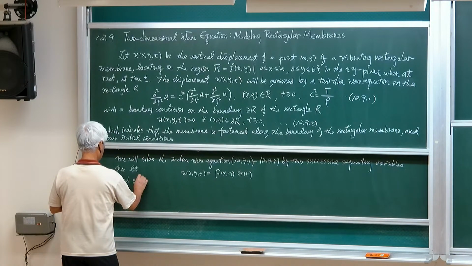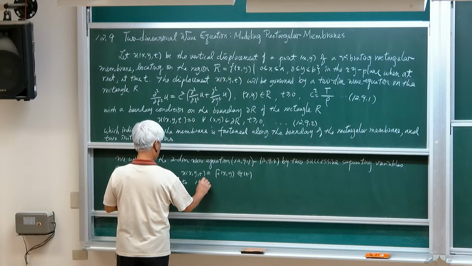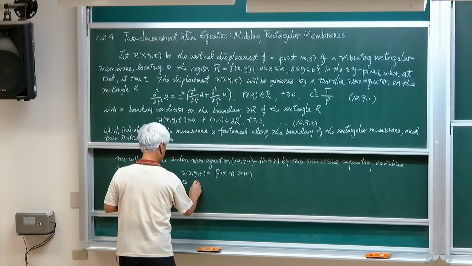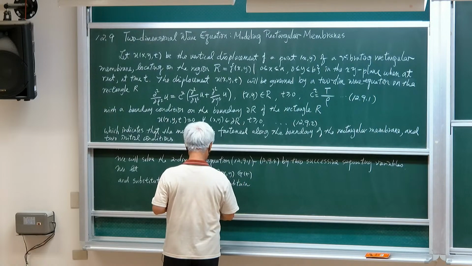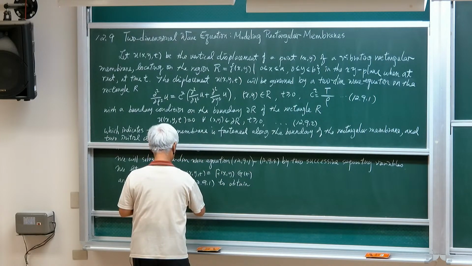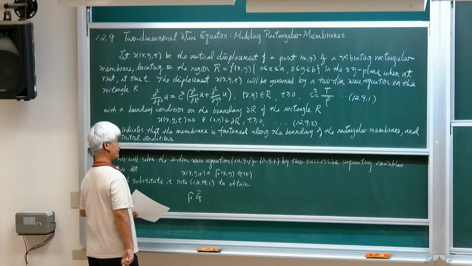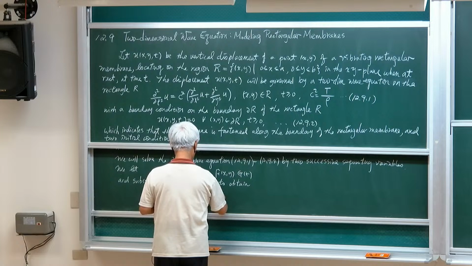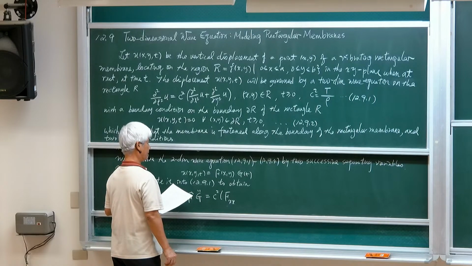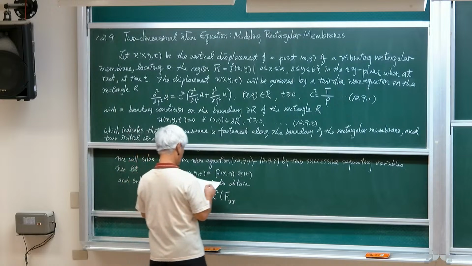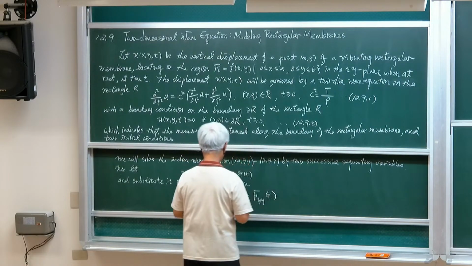And substitute into the two-dimensional wave equation to obtain f g double dot, so that makes the second derivative of g with respect to t equal to c squared times f sub xx, the second order partial derivative of f with respect to x, times g, plus f sub yy times g.